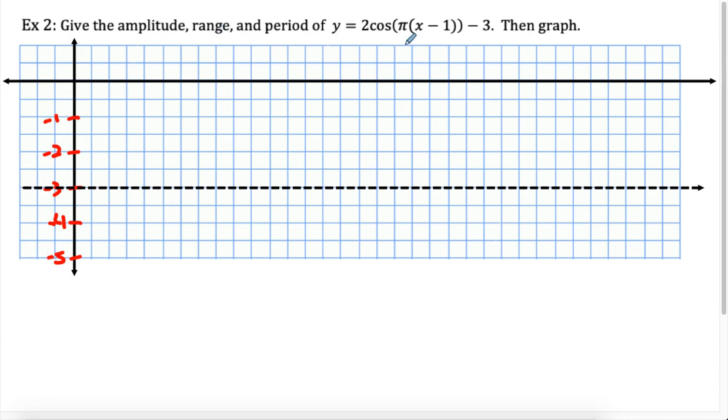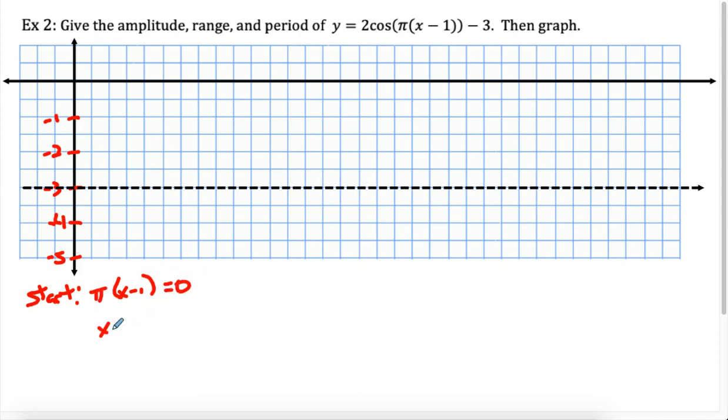Right? So b is already factored out for me. I don't need to worry about that. Now, I just want to take this entire inside portion and set that equal to 0 to get my starting x value. So we've got pi times x minus 1 equals 0.